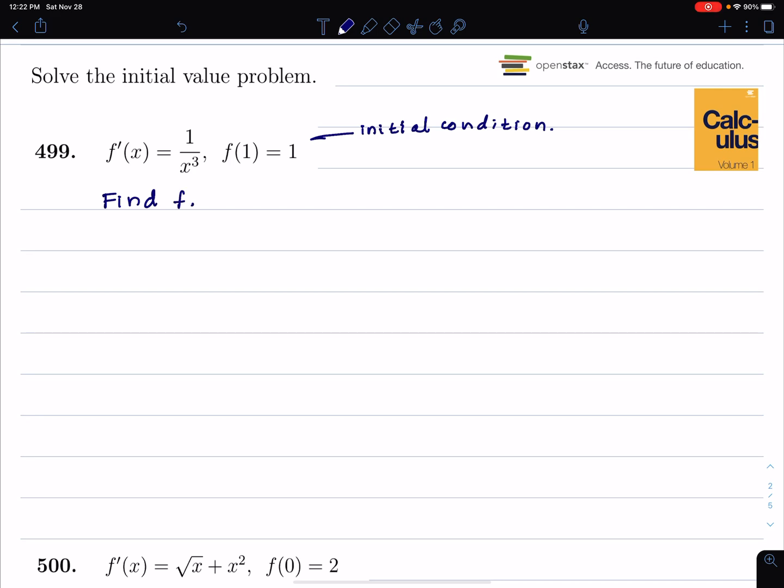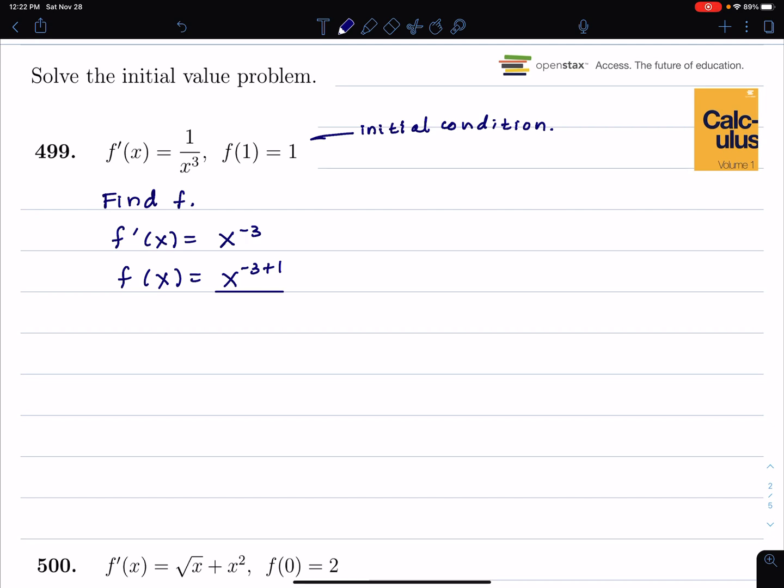So we're given the derivative and we're told that f of 1 has to equal 1. Well, I'm going to use the power rule for antiderivatives. To do that, I first write f prime of x as x to the minus 3 power. Now when I take the antiderivative, I use the power rule, which says I add 1 to that exponent.